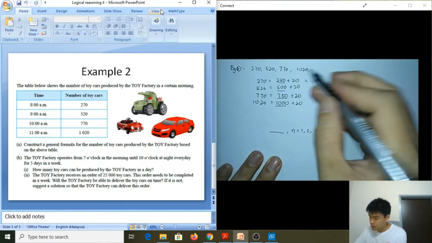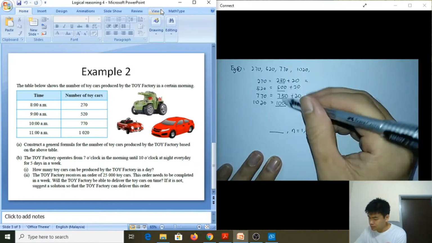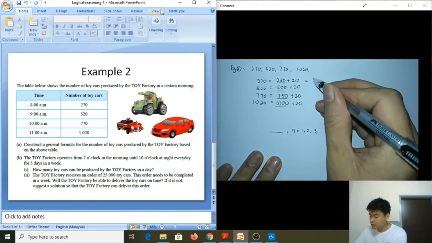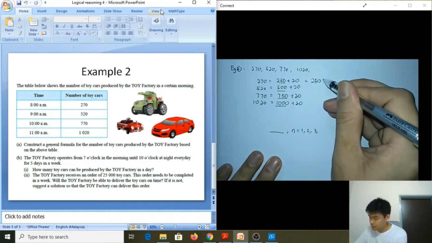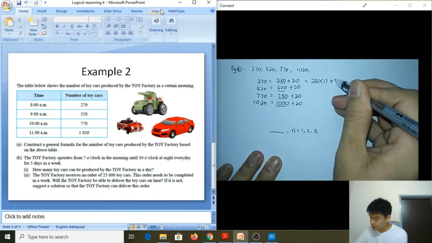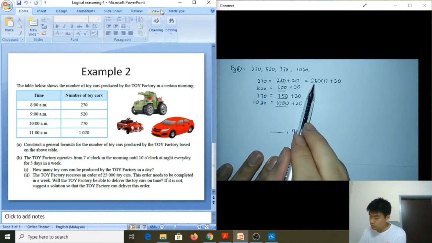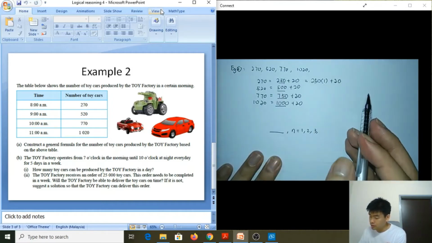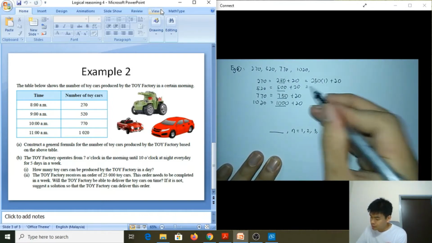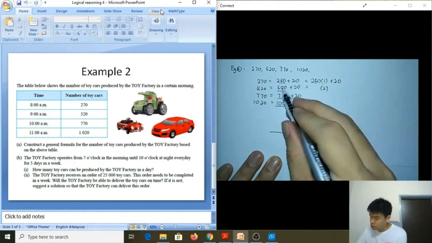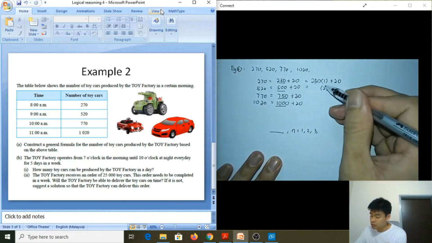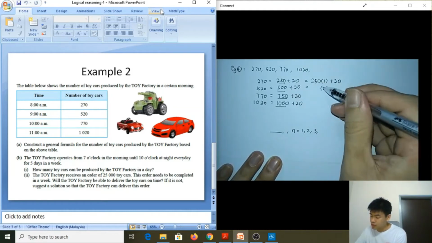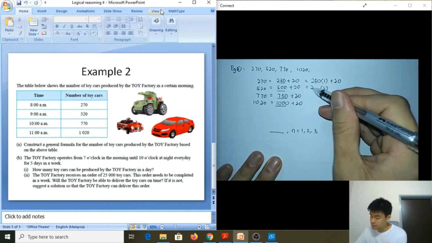I'm going to further separate this, factorize this. So 250, let's say there's a 1 here: 250 times 1 plus 20. Because 250 times 1 still equals 250, right? How about 500? I want the 2 to appear, so let's say I take out the 2. What is left? 250.